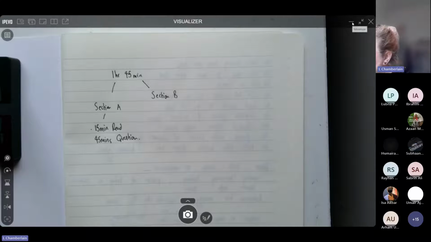So for section B, you want to spend approximately 10 minutes planning, 30 minutes writing, and then finally 5 minutes checking your answers. And the other thing, and I will say this again when we look more closely at section B, ideally you want to be writing 1.5 to 2 pages with a maximum of 3 pages.